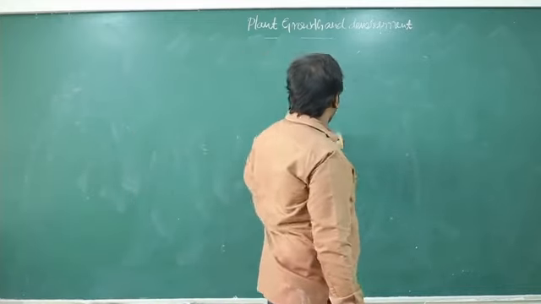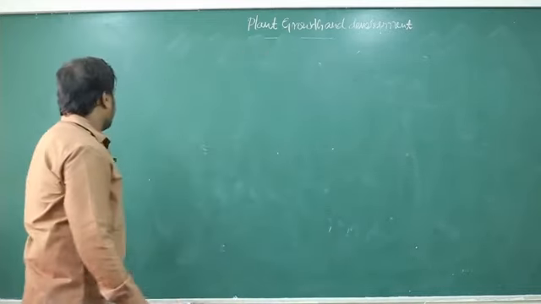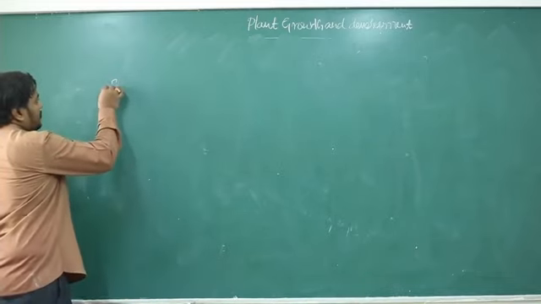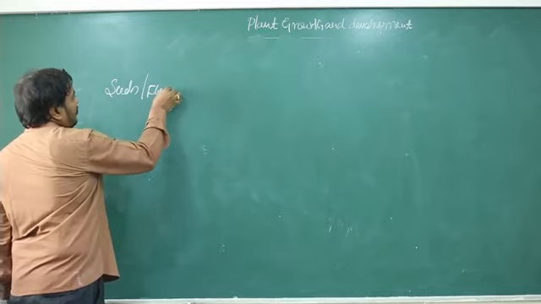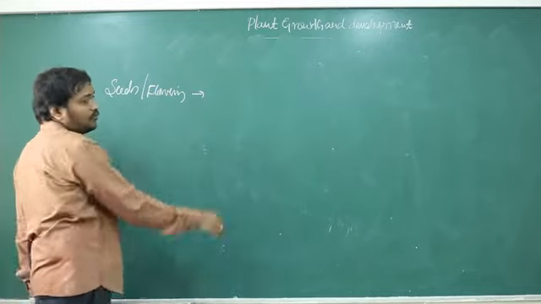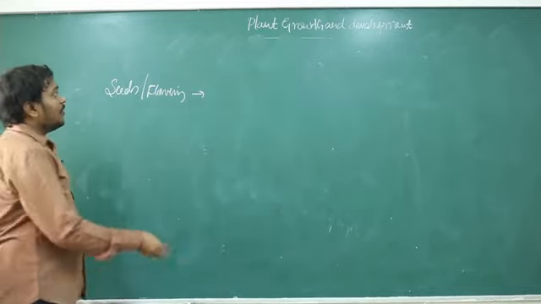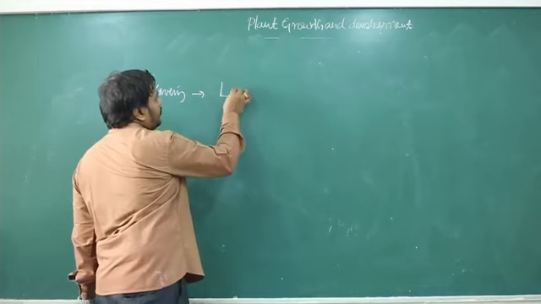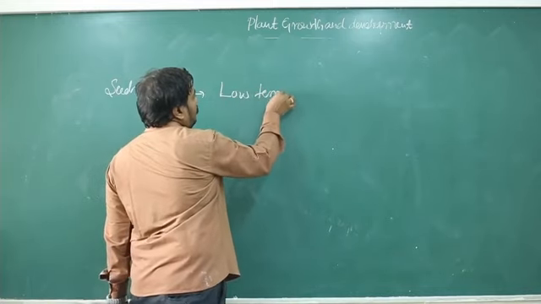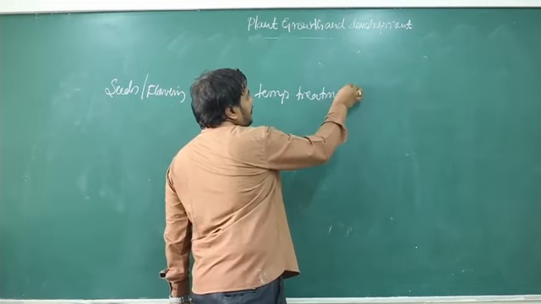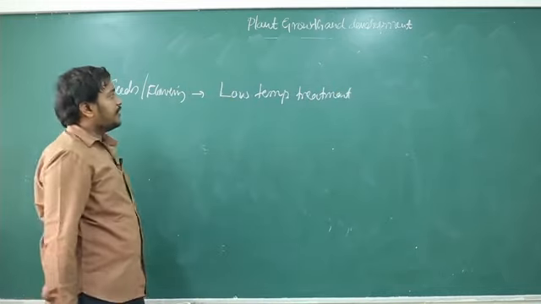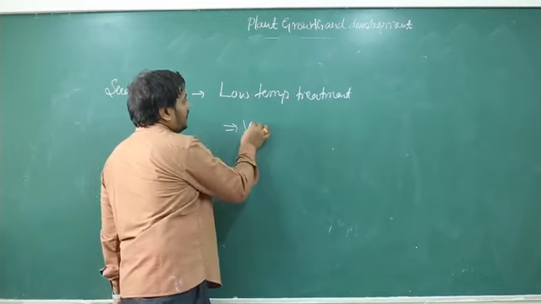Okay, similarly some plants need, especially for seeds and even flowering, even for flowering and for seeding, those plants need to be treated with a low temperature. So low temperature treatment. Exposing the plant to low temperature treatment is called vernalization.